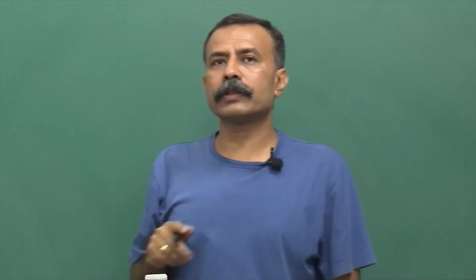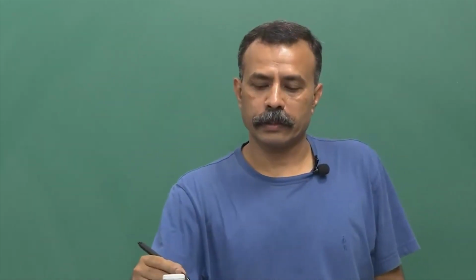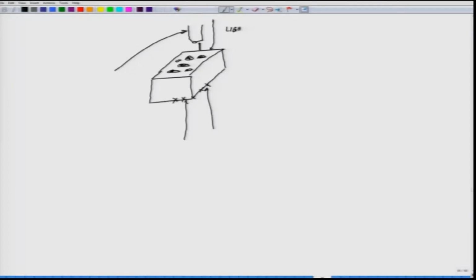But the problem with such upright microscopes is the working distance, meaning the distance between the sample and the objective tip. This is the objective lens, and this is where you have the sample, and this distance, let's represent it by L, this working distance is critical.